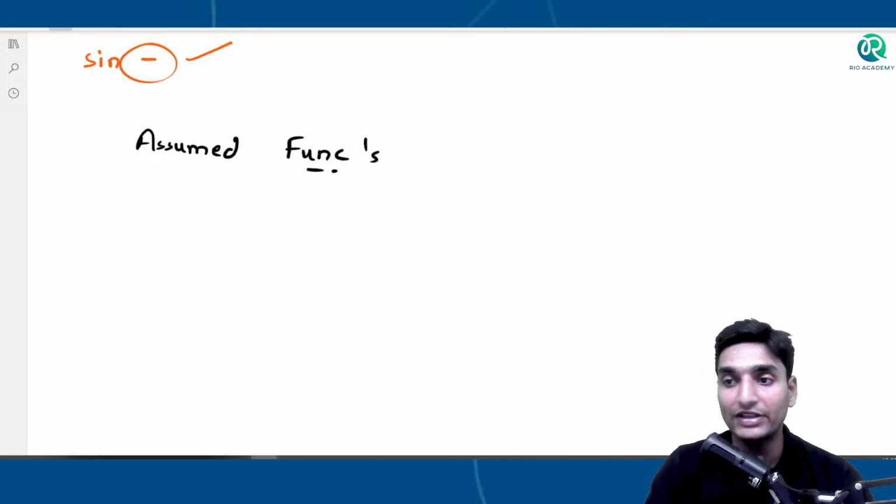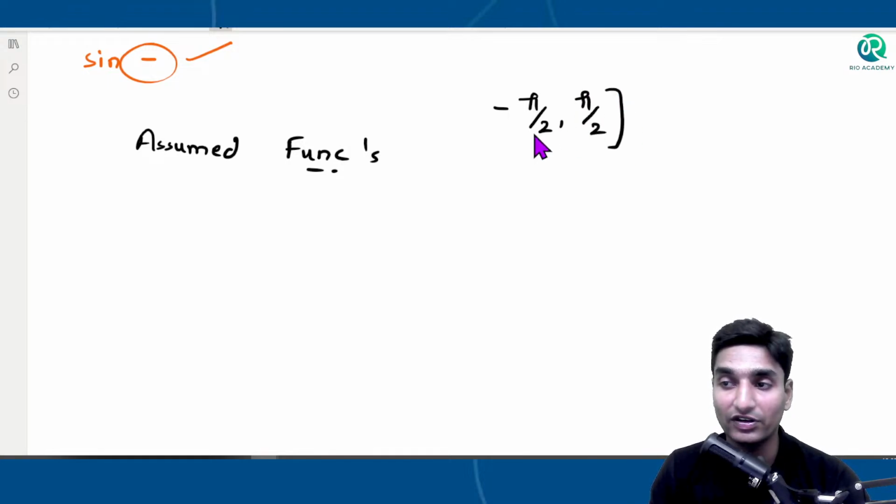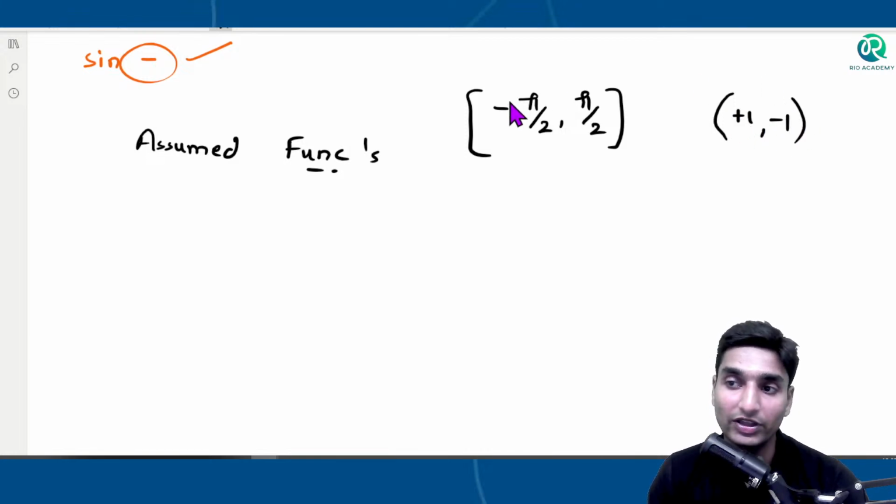Alright, so as you can remember guys, what is the range here? Range of angle. For inverse trigonometric function, the range will be negative pi upon 2 to pi upon 2. We have assumed this. And what will be the domain? The domain will be +1 and -1. It means all the values lie in between +1 and -1, and all the angles lie in between negative pi upon 2 and positive pi upon 2.